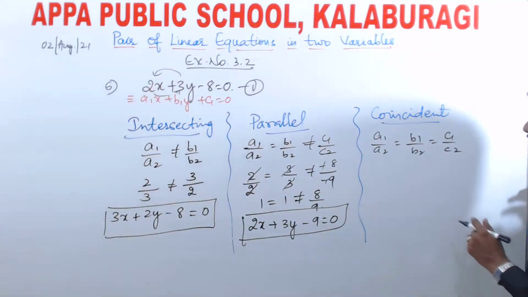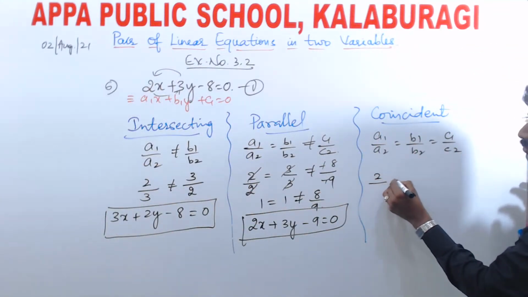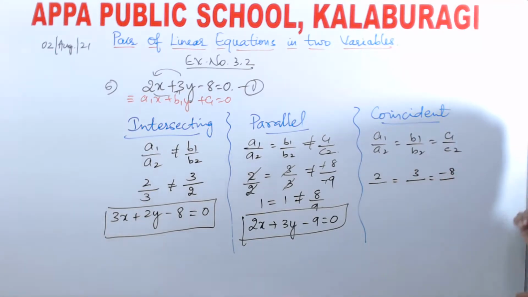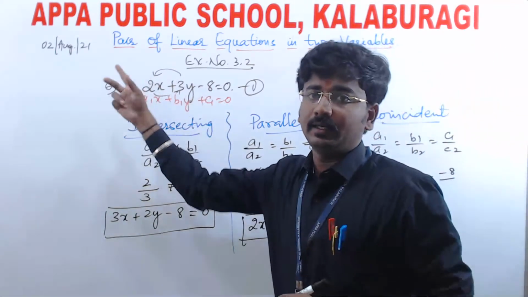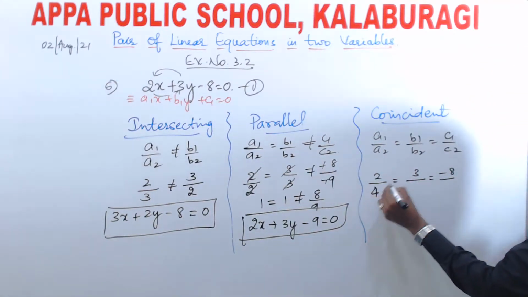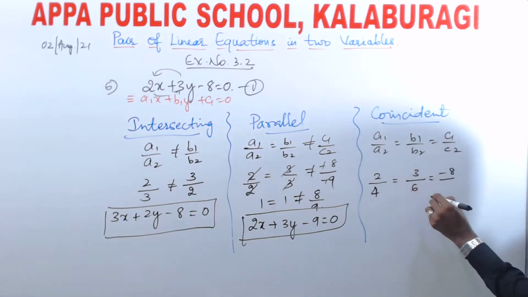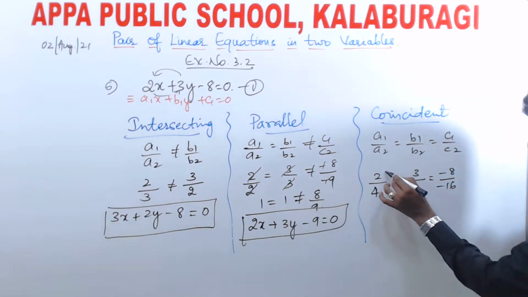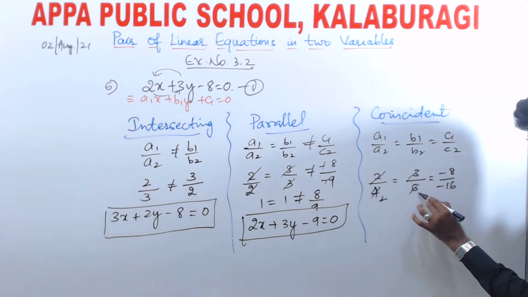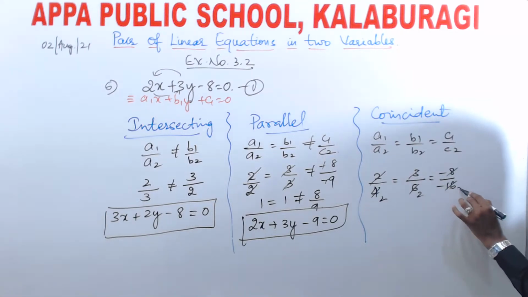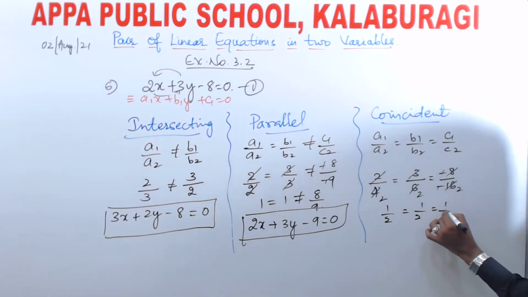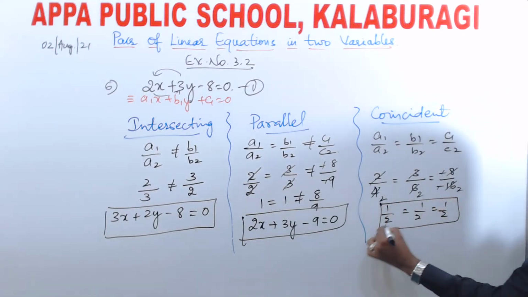How will I double? See, first a1 value is 2, b1 value is 3, and c1 value is -8. What will be double of this? 4, 3 into 2 is 6, 8 into 2 is 16, -16. So see here, 1 by 2, 3 by 6 is 1 by 2, 8 by 16 is 1 by 2, minus minus cancel. 1 by 2 is equal to 1 by 2 is equal to 1 by 2.